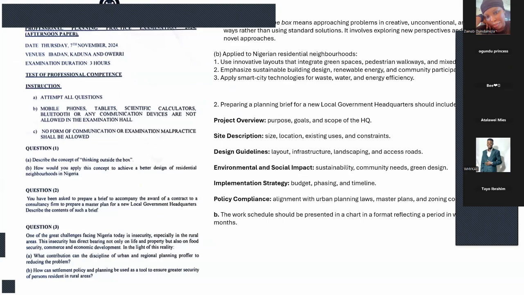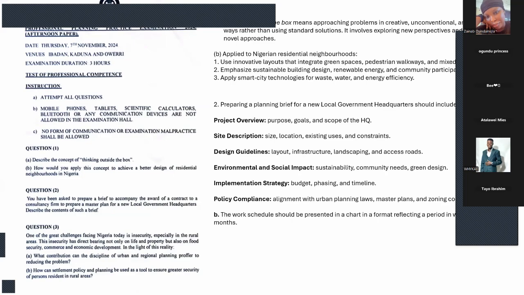Now let me give you some examples of things that are outside the box related to planning. Like when designing roundabouts. Roundabouts are part of monuments in any particular city or settlement that relate to the identity of the people.